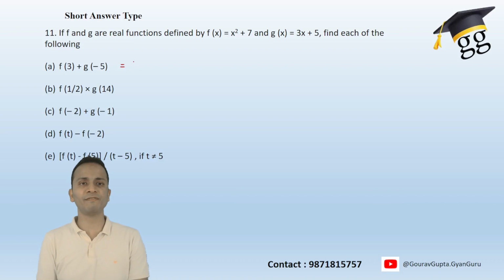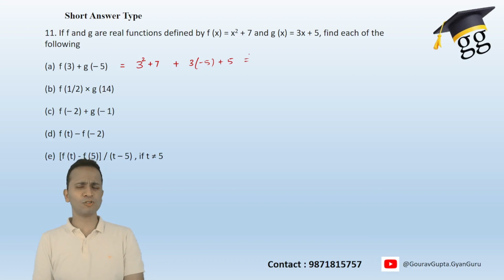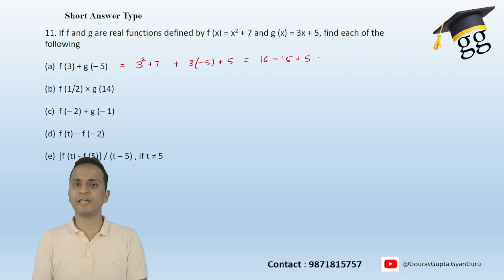Just substituting the values, f of 3 will be 3 square plus 7 plus g of minus 5, 3 times minus 5 plus 5. You just have to substitute the values in the functions. So 3 square is 9 plus 7 is 16, minus 15 plus 5, and that is equal to 6. The answer for the first question.